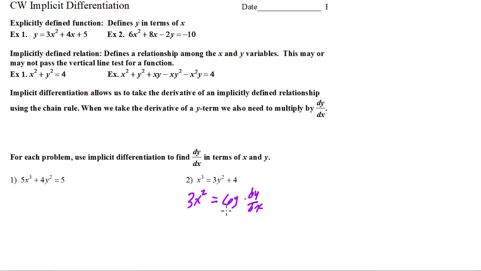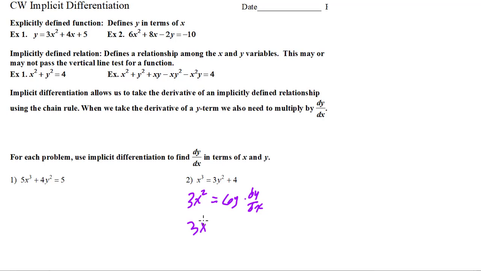Now, once we got into this form, we're able to actually solve for dy dx. So we're not quite done yet. We want to get the dy dx by itself. Since it's multiplied by 6y, here we have 3x squared equals 6y dy dx, and we want to get the dy dx by itself. So we're just going to divide both sides by 6y.